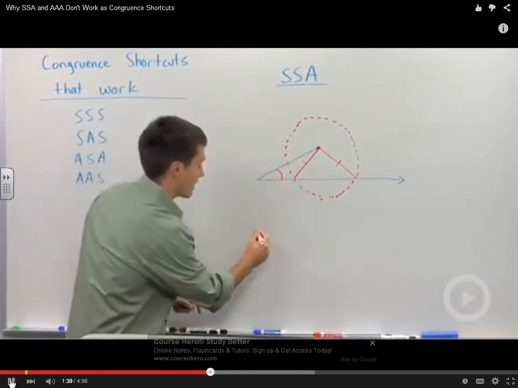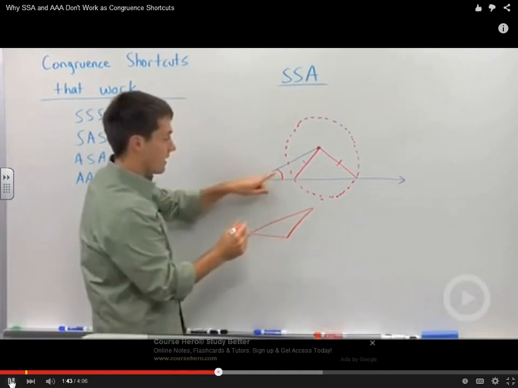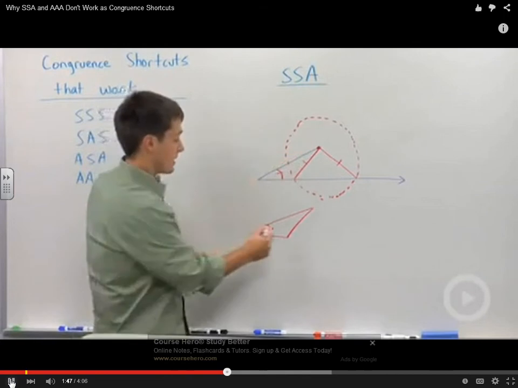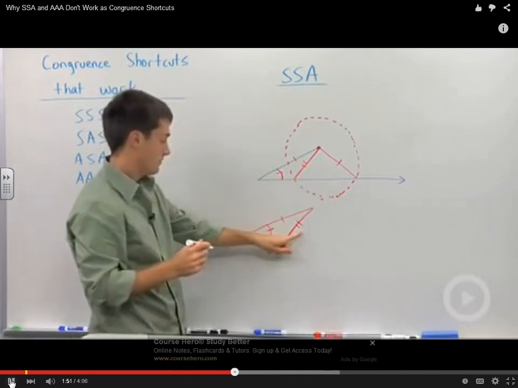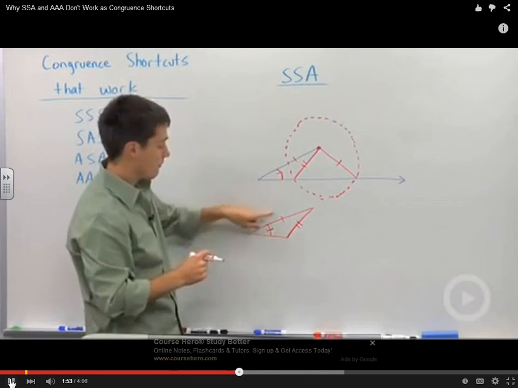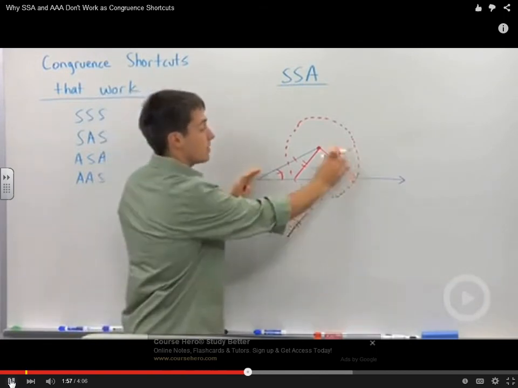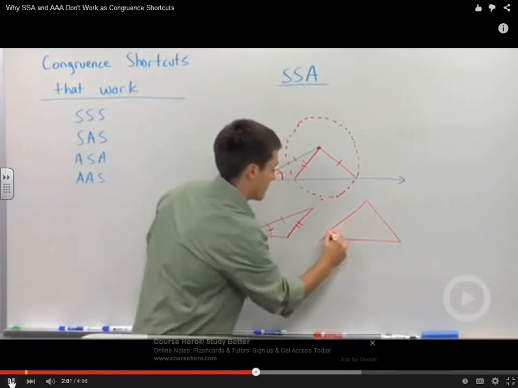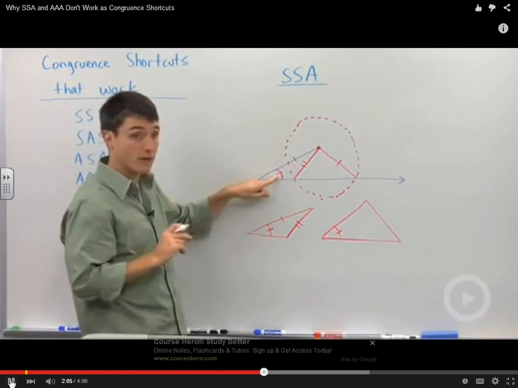To redraw them, we have this obtuse triangle here. So we have these angles as being congruent. We have this side being congruent. And we have this third side that I haven't marked. So we have 1, 2, 3. So we have side, side, angle. And then this other larger triangle that I was able to draw, where we have these 2 angles being congruent, because I kept that fixed.